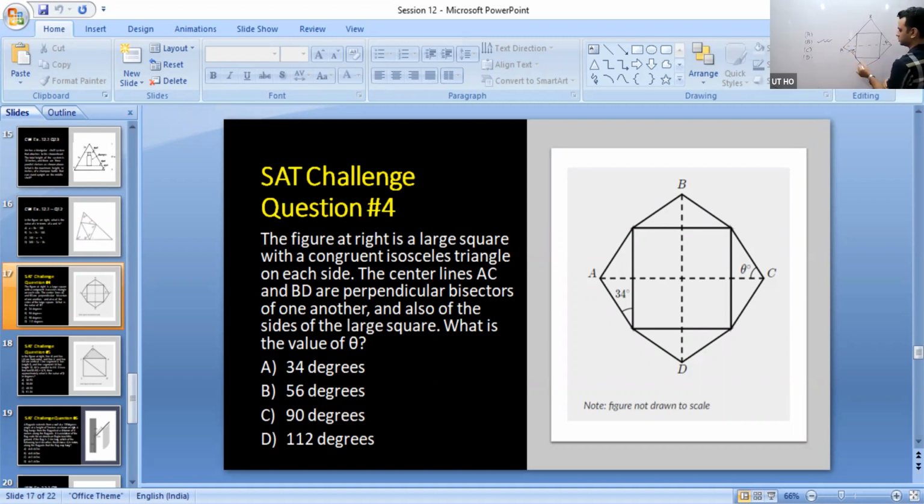Yes, sir, option B. Isosceles triangles. Okay. B. Good.